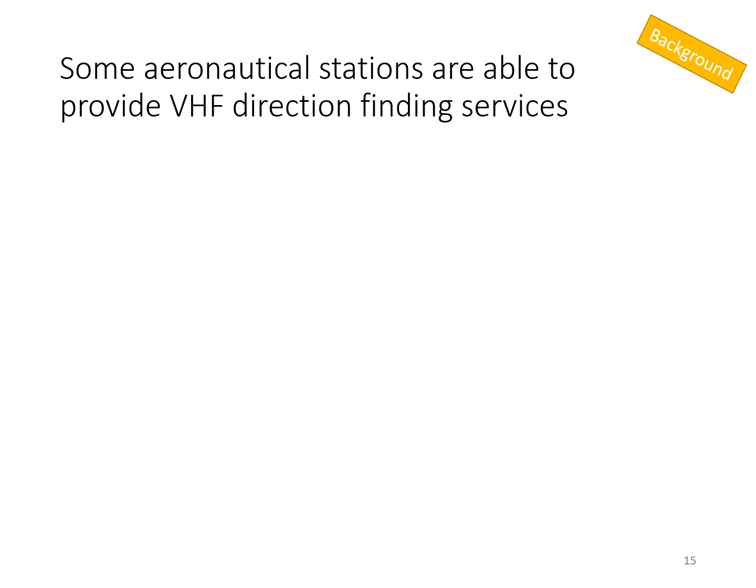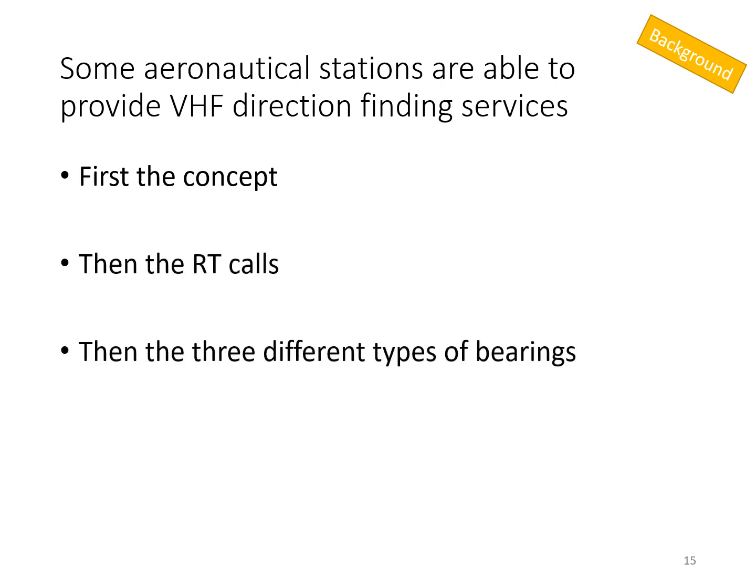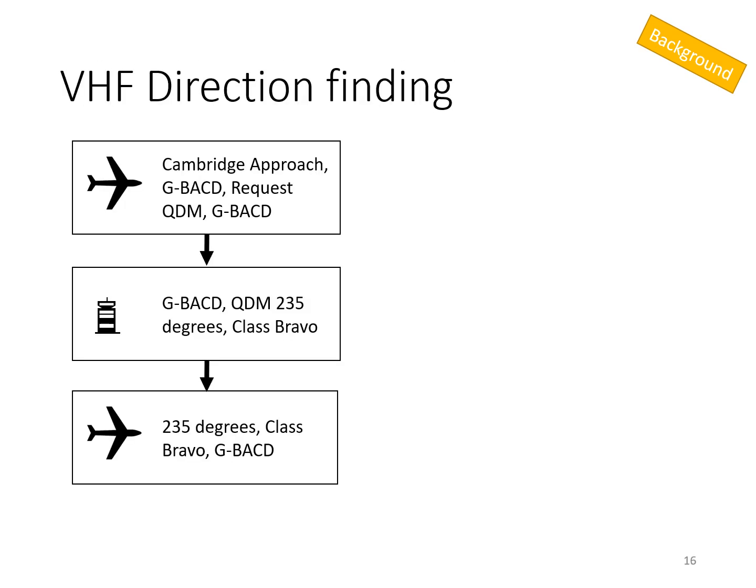Some aeronautical stations are able to provide VHF direction finding services. We're going to cover first the concept, then the RT calls that we'll use, and then the 3 different types of bearings. They're not hugely useful to a glider pilot, but you do need to know about them for the FRTOL exam. Here's an example.